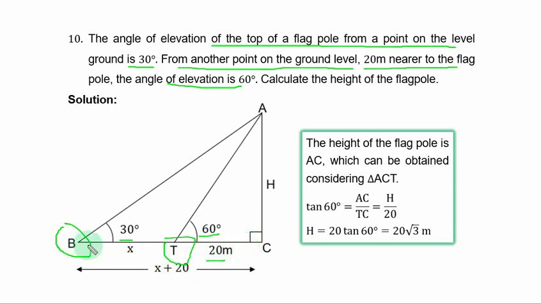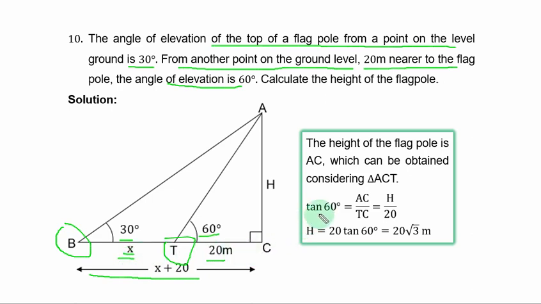So let's label BT as S. The entire length becomes S plus 20. From the given question, since TC is known, we don't have to put ourselves looking for S. Just consider triangle ACT.